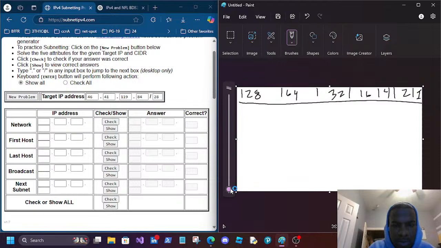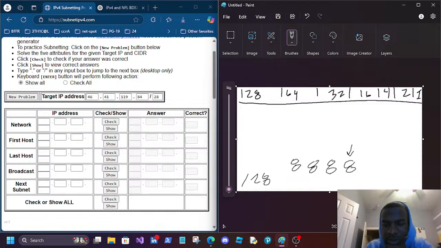The first thing I look at is the slash 28 notation. So that means 8, 16, 24, 32, right? But I got to borrow bits from this octet. So 8, 16, 24. So how can I erase this also? No eraser.